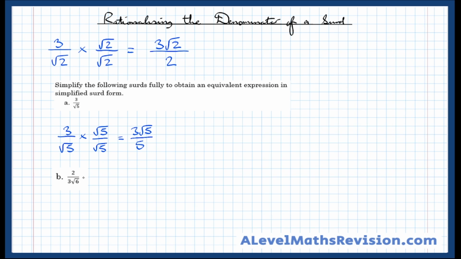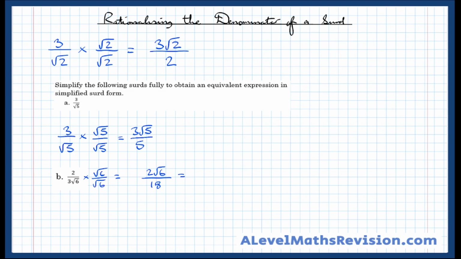You might be forgiven for thinking that we times by 3 root 6 over 3 root 6, which is valid but quite wasteful, because the offensive part of the denominator is just the root 6. So it makes sense just to multiply by root 6 over root 6. On the top we get 2 root 6, and on the bottom we get 3 times root 6 times root 6, which is 6. We get 3 times 6, which is 18.